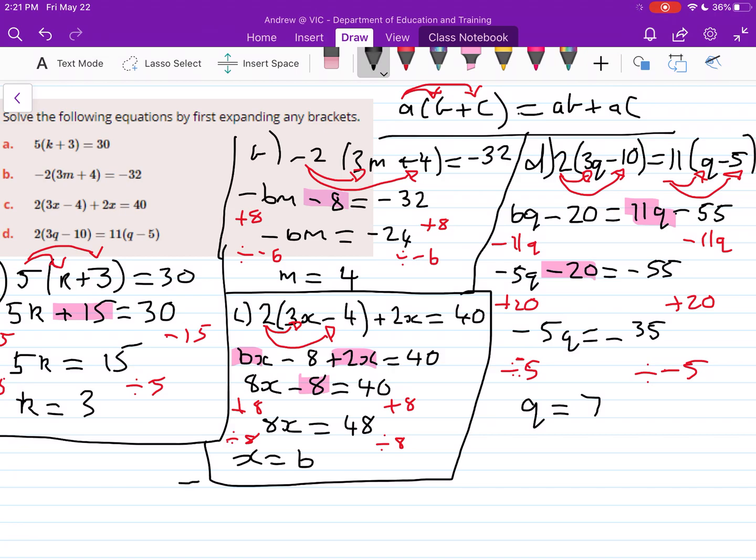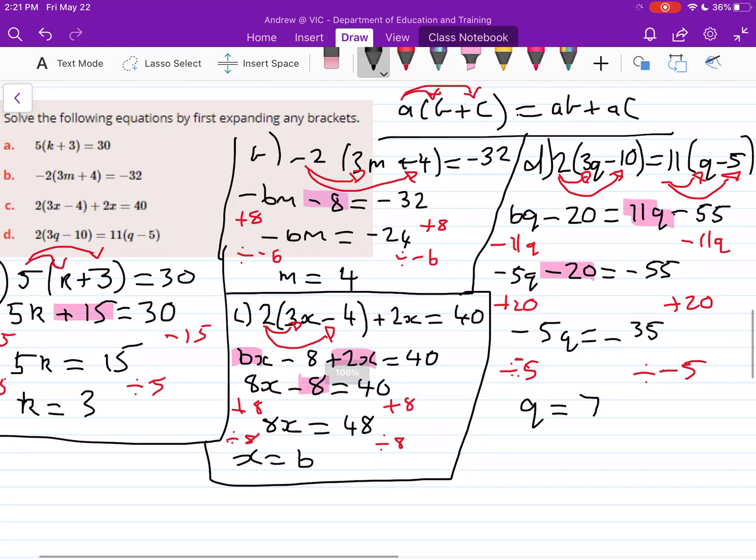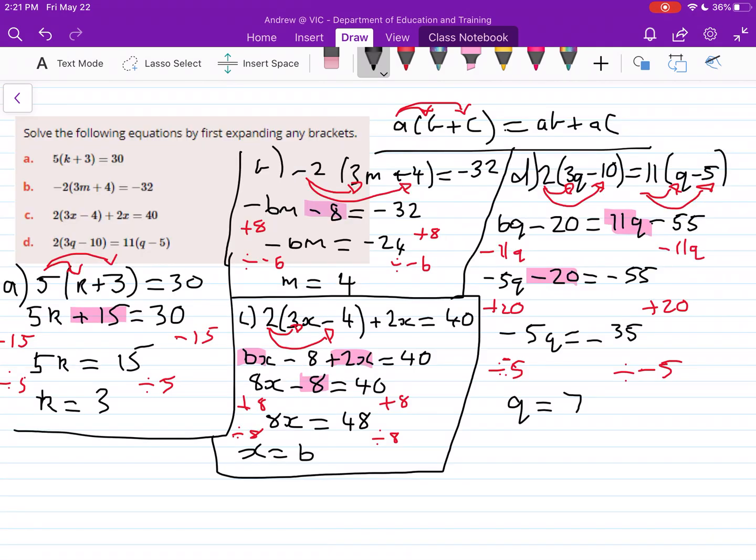So just going over everything again. Oh, just zoomed out a bit. Yep, we can see everything now. So first off, just use your distributive law. Make sure you use your distributive law, so you can use it here like this, or it can be on both sides like that.